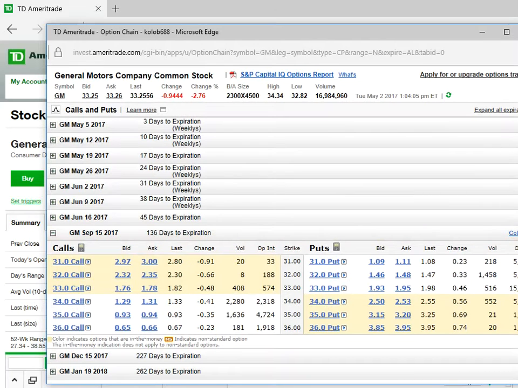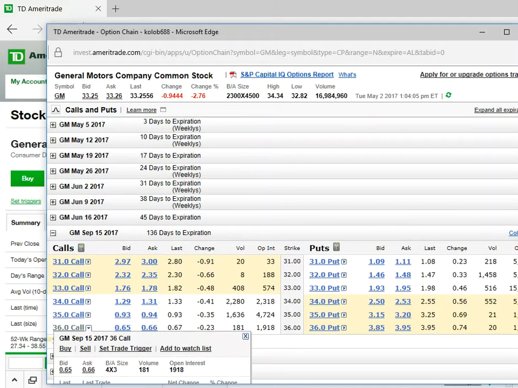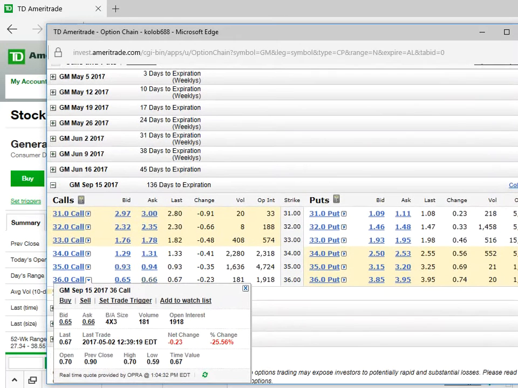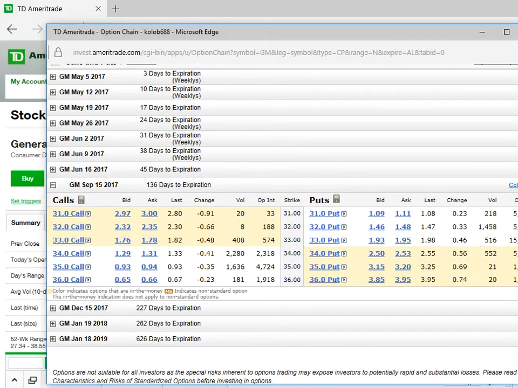I'd click on that option right there, and the premium is 65 and 66, so let's say you get $65 for that. All stock options are multiplied by 100 shares, with very few exceptions. There are exceptions to that, but 95% of the time, stock options is 100 shares per contract.